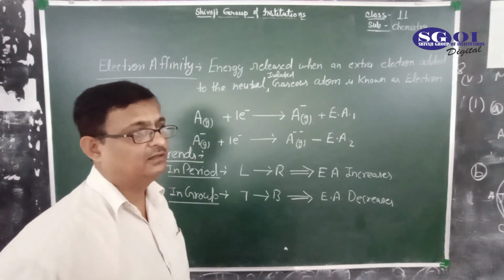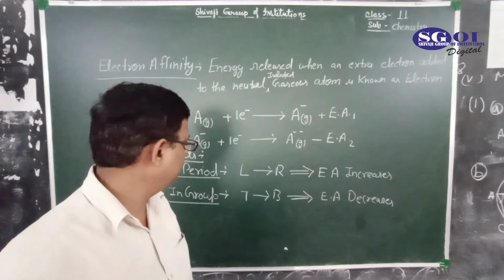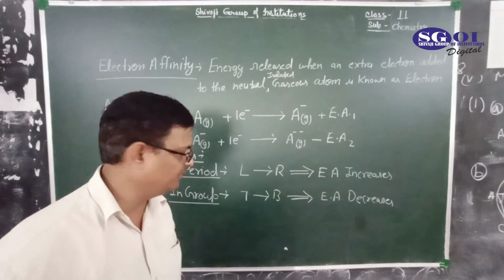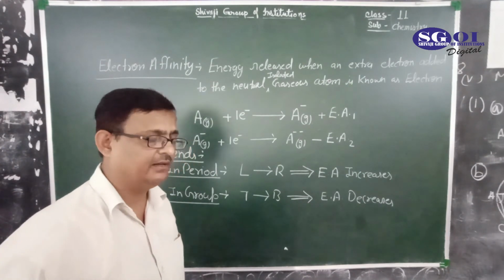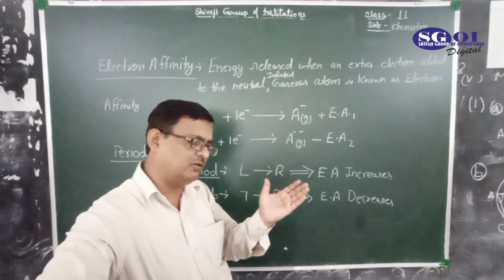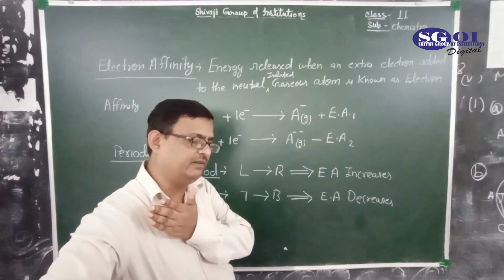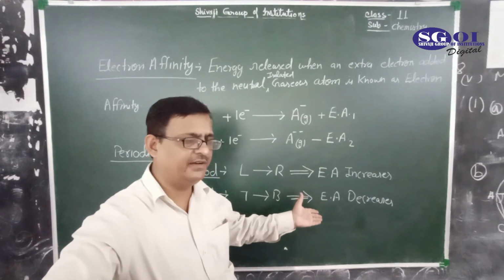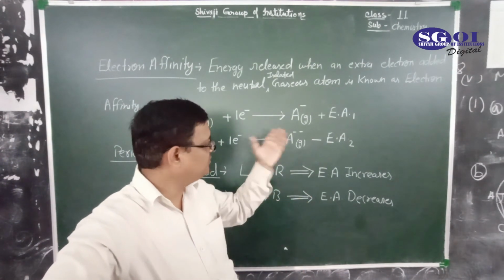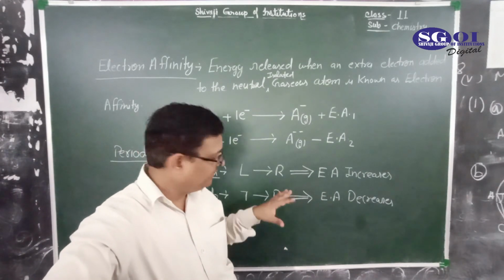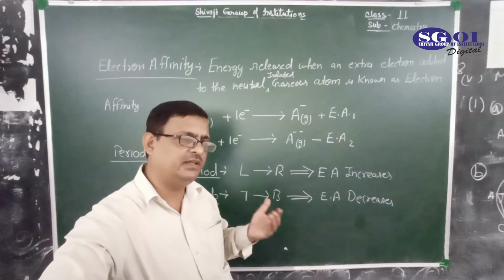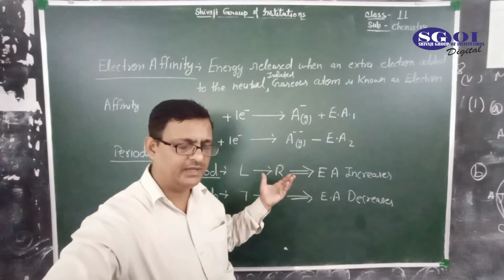The reason is that one more extra shell is added continuously as we move down a group, so the distance between the nucleus and the outermost shell continuously increases. That's why electron affinity energy decreases. A lesser amount of energy is released when adding an electron to the outermost shell in a group, while in a period a lot of energy is released.